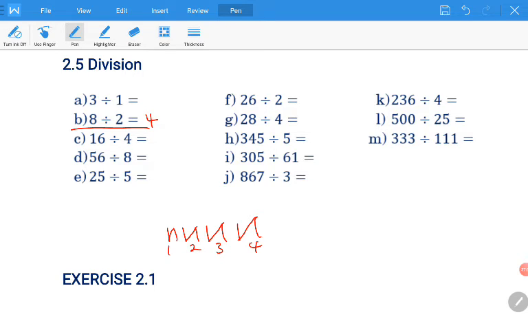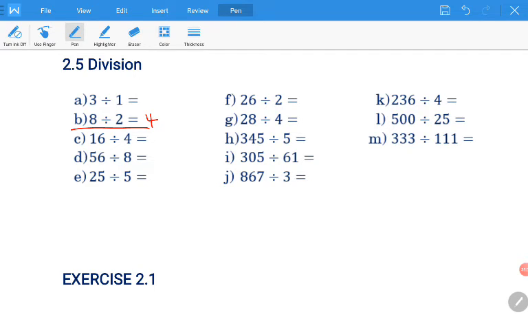So in other words, 2 gets into 8 4 times. And if we want to check if our answer is correct, if we say 2 times 4, we get 8. This is to show that our answer is correct and these are actually opposites.